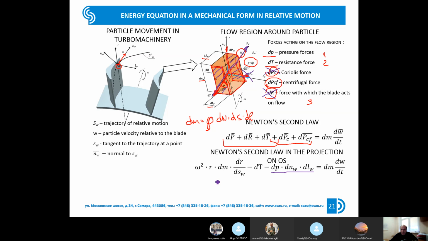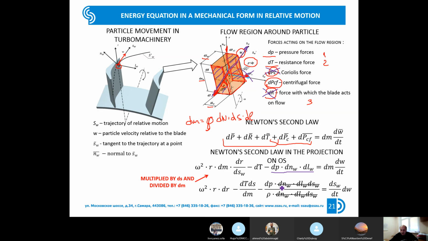Centrifugal force will be projected to the SW direction using such an equation. So we multiply all parts of this equation by ds and divide by mass dm. You could see that some elements of the formula will disappear, like in the case of the Bernoulli equation.